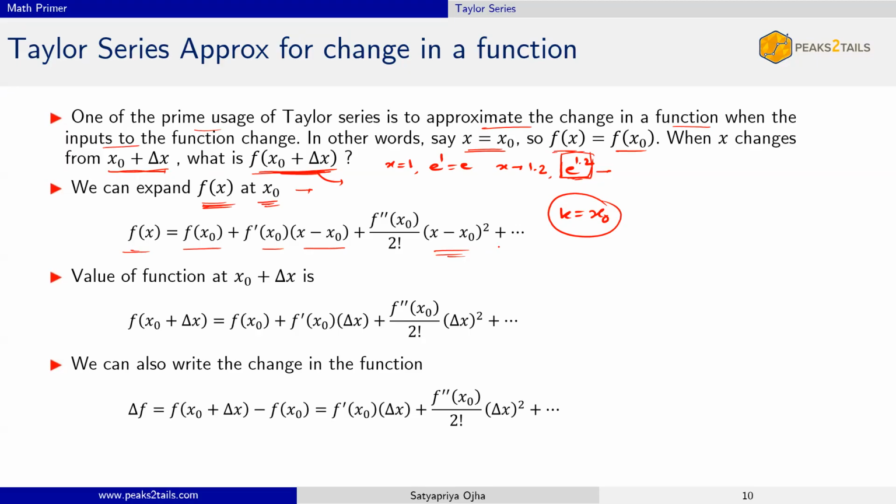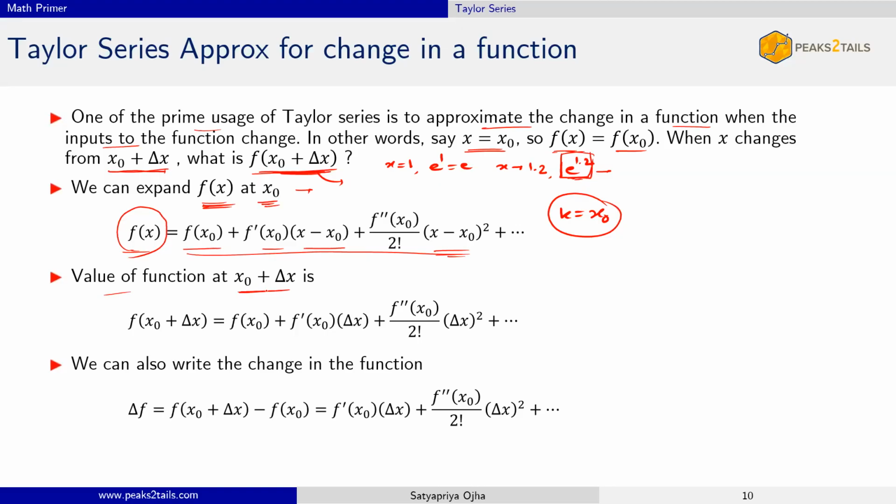I have just replaced k with x0, that's all. Now, here's the important thing. My function is now ready in terms of a polynomial. See this. This is my whole new function. It is now converted to a polynomial function.